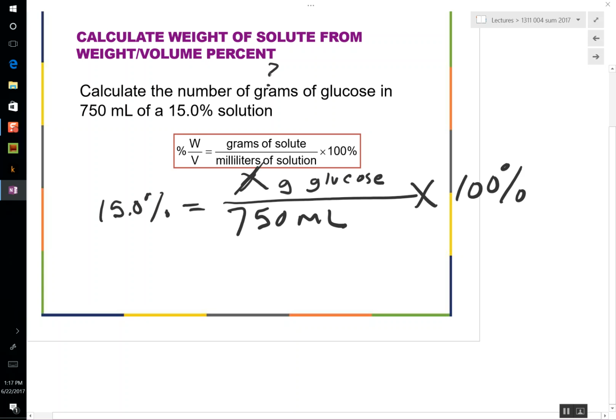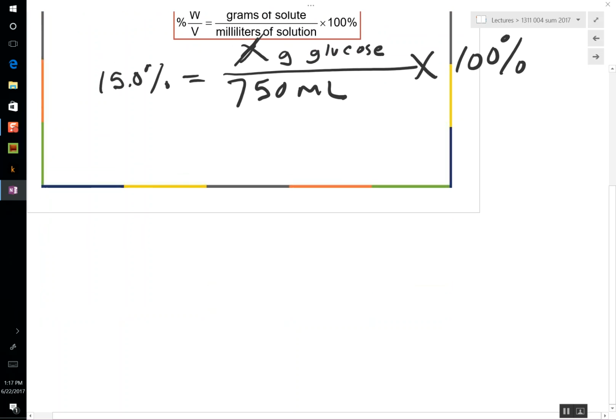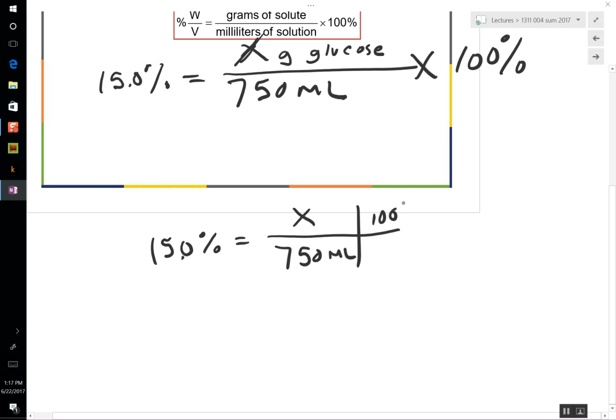So let's simplify this a little bit. What we got here is 15% equals X over 750 times 100%. I'm just cleaning it up a little bit. So what do I have to do here?